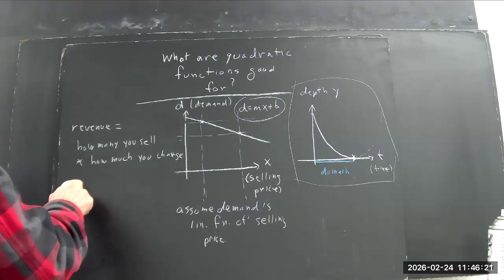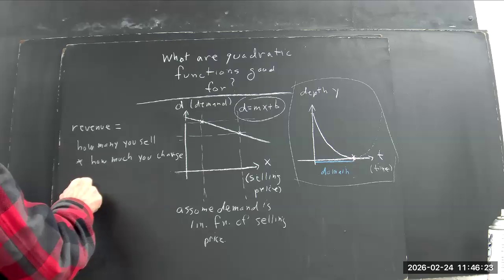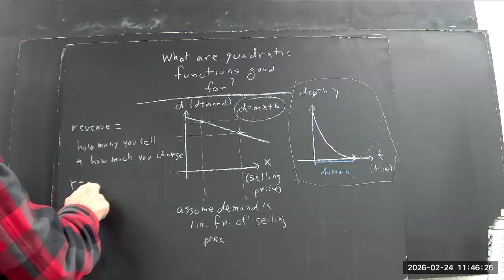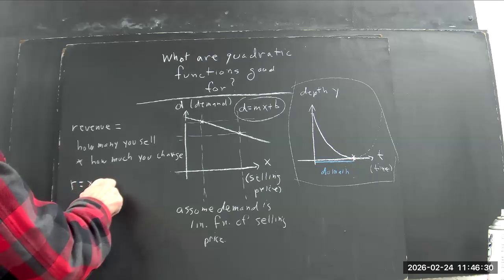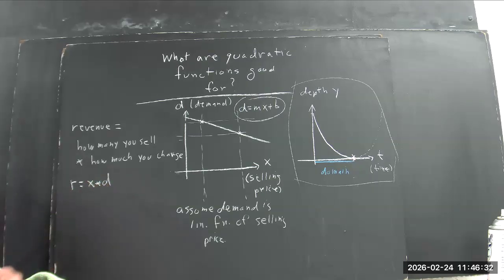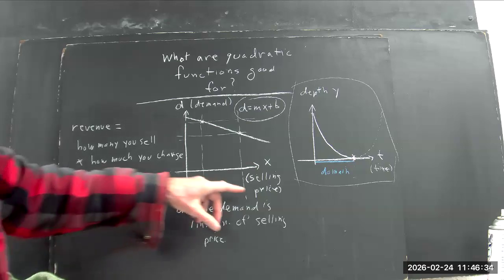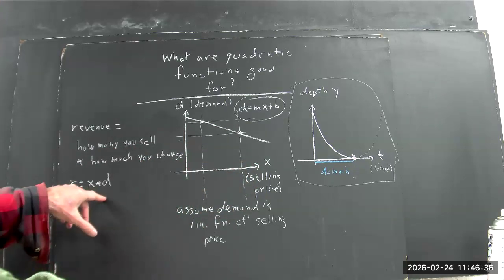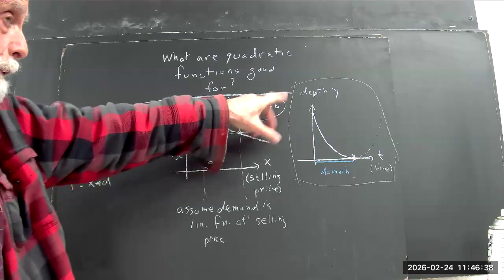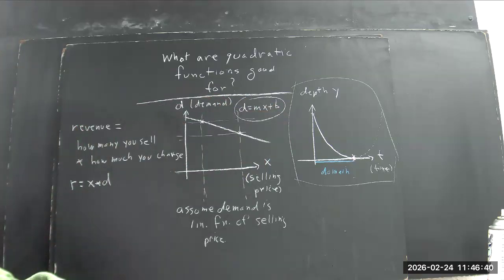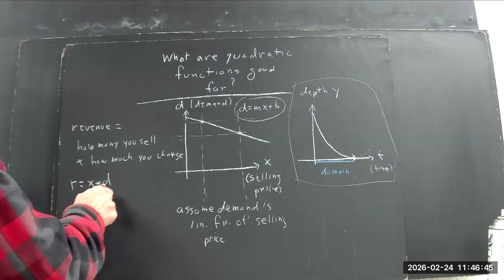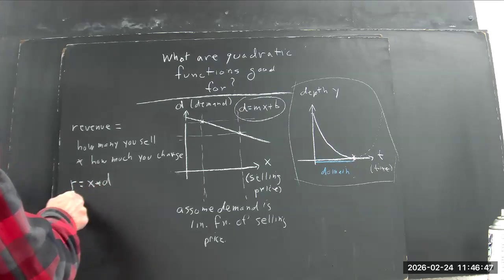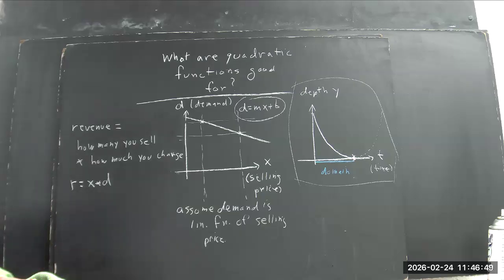Or R equals X multiplied by D. X is your selling price. That's how much you charge. D is your demand, which is MX plus B. Okay? So this is how much you charge. This is how many you're going to sell. That's how much revenue you're going to take in.